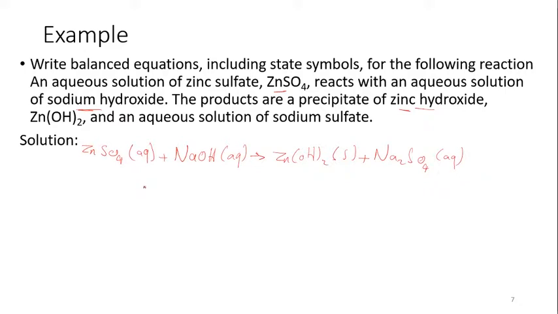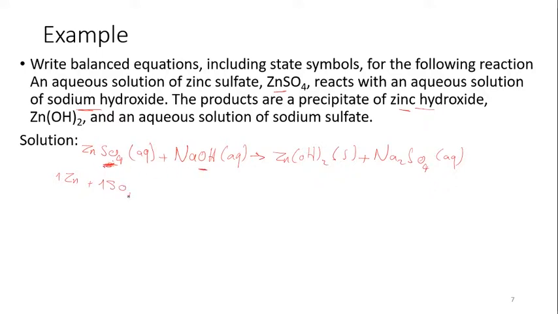My second step will be counting the number of atoms on both sides. So I have here one zinc atom, and the sulfate. If I keep the sulfate formula together instead of just counting the number of oxygen, it will be easier for me because there is no dissociation for any of these groups, the hydroxyl group or the sulfate group.